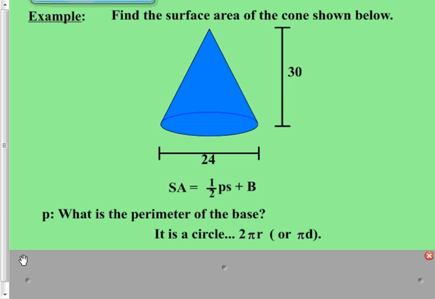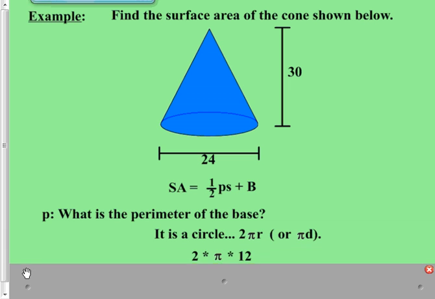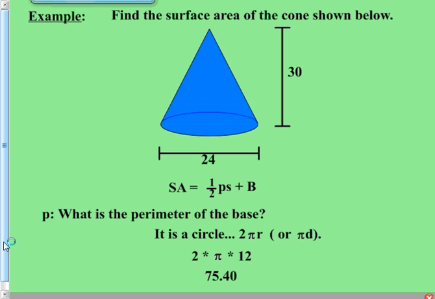And so we need to plug in the radius into this formula. Now they gave us the diameter as 24 units, so half of that would be 12. So plugging into the formula, we end up with a decimal in the area of 75.40. It is okay to go ahead and convert it to a decimal, or you can leave it in terms of pi. It would be 24 pi. Either way is fine.